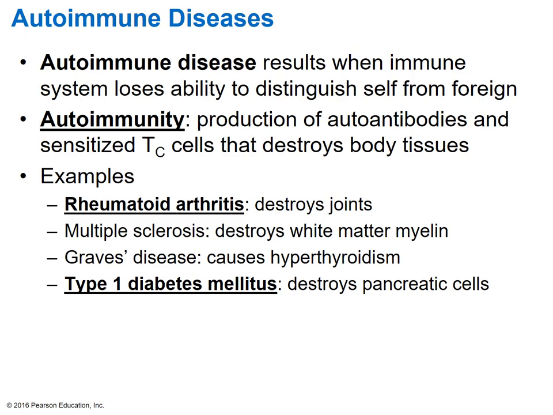RA, or rheumatoid arthritis, tends to just start to destroy the joints. MS destroys the white matter along the myelin sheath. Graves' disease causes hyperthyroidism. Type 1 diabetes mellitus starts to destroy cells within the pancreas.